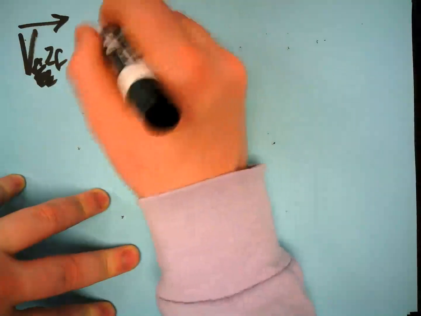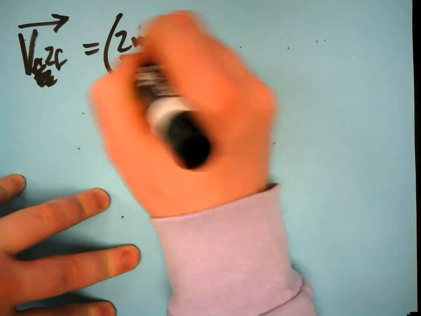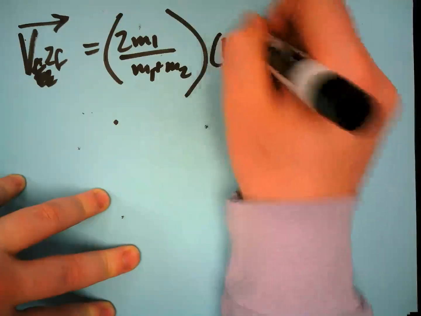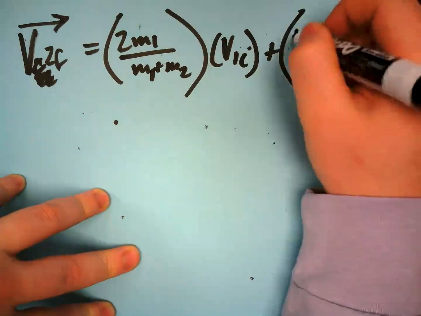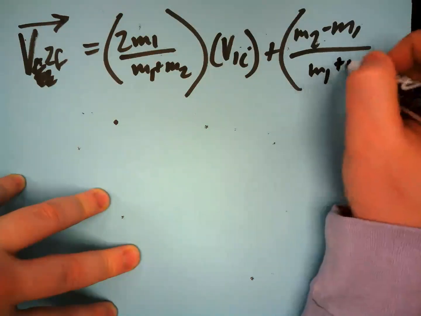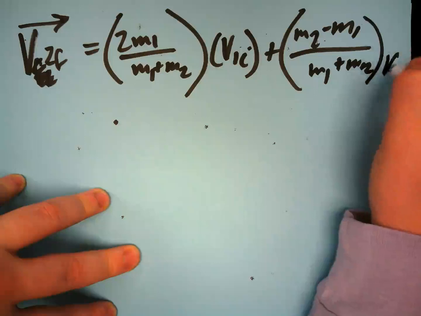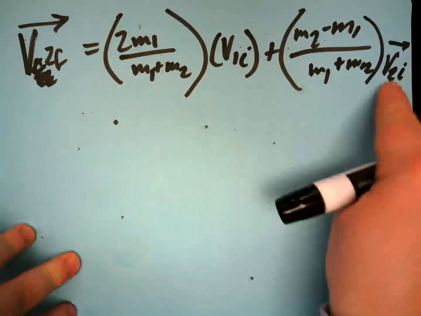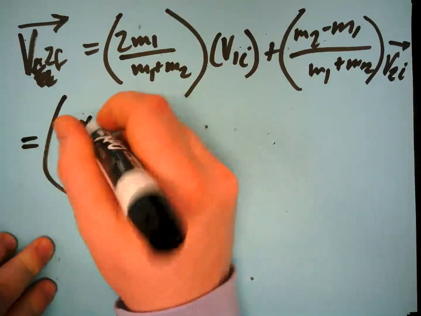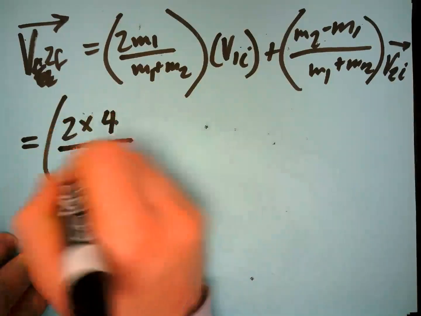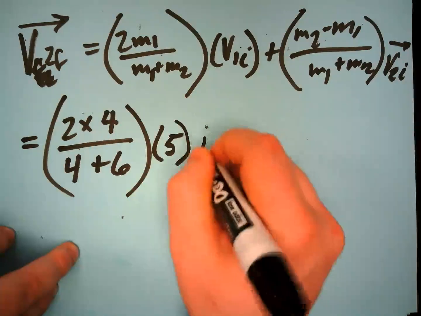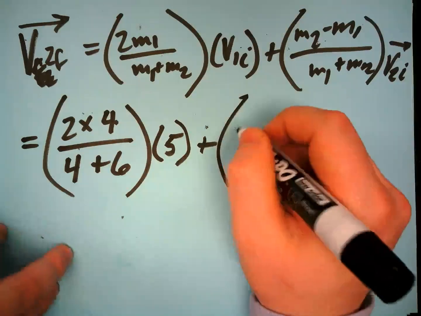which is 2m1 over m1 plus m2, times v1i, plus m2 minus m1 over m1 plus m2, times v2i. Okay. Remember, this is going to be negative. Plug it all in. So 2 times m1, which is 4, over 4 plus 6, times 5, plus m2 minus m1.